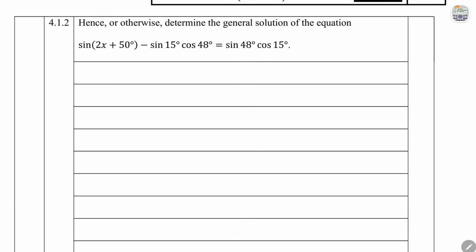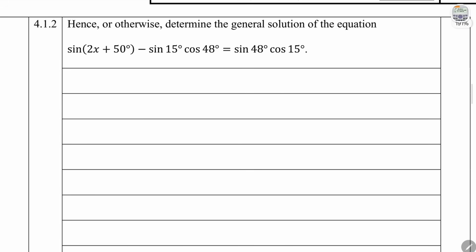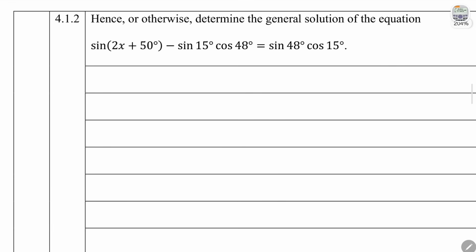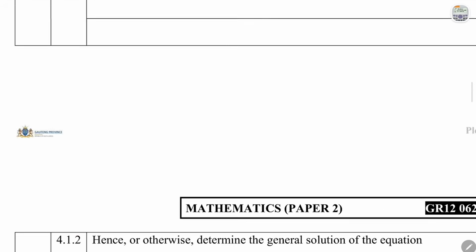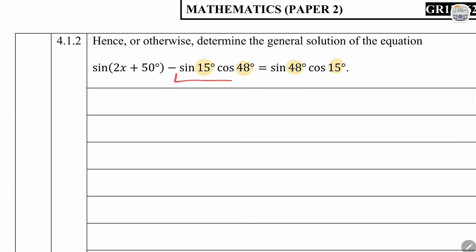The next question, 4.1.2, says, hence or otherwise determine the general solution of the equation, and this is the equation we have. Okay, so you can see a repetition of 15 degrees and 48 degrees. So they're just using this expansion over here. Okay, so what we can do is just take this over to the right hand side.